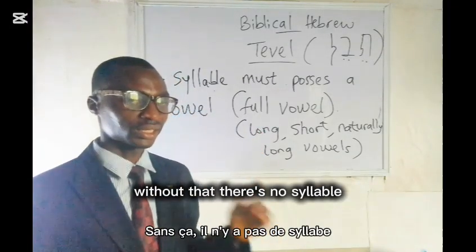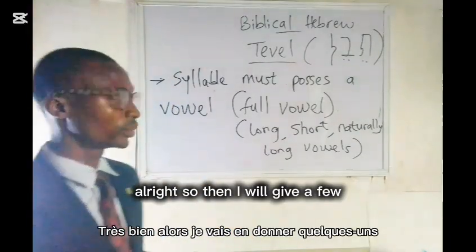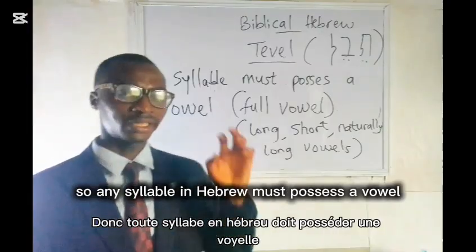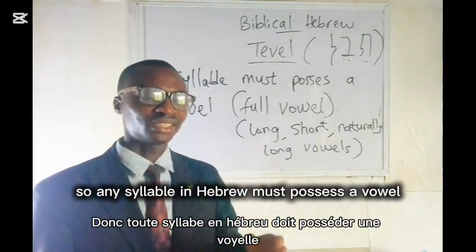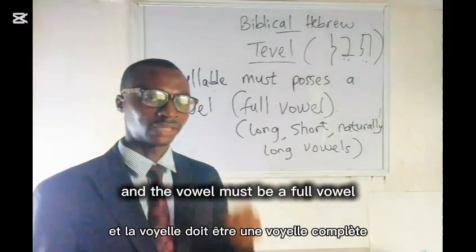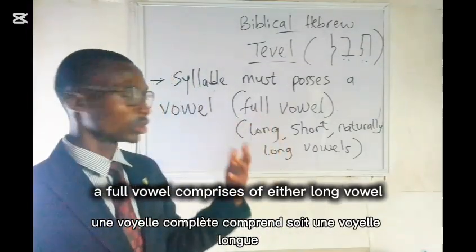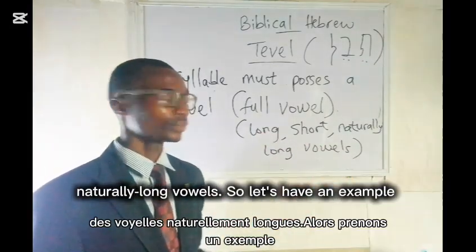Without that, there is no syllable. Right, so I will give a few instances so as to understand this particular point. Any syllable in Hebrew must possess a vowel, and the vowel must be a full vowel. A full vowel comprises of either long vowel, short vowel, or naturally long vowels.